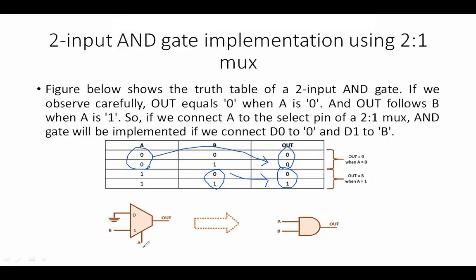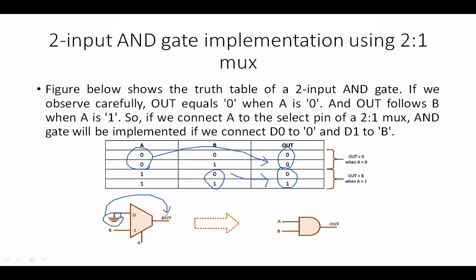Now, since I am basing my output on A, I will take A as my select node. When A is equal to 0, I will connect the input to ground, because I need my output to be 0. So with A equal to 0, the output should be equal to my input, and the input is ground.